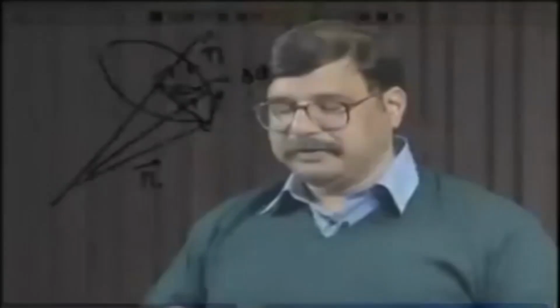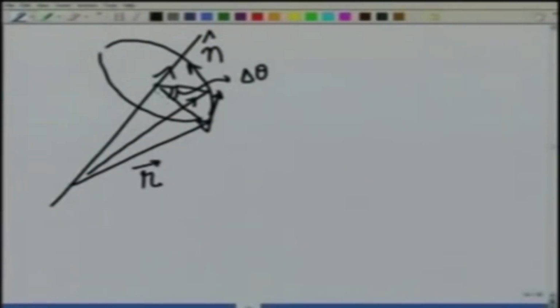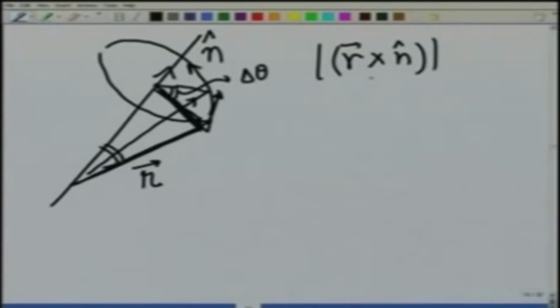For very small angles, this change can be written as, this length is going to be r cross n magnitude, because this length is nothing but r sine of this angle, which is nothing but r cross n magnitude. This direction is perpendicular to this, and you can see that this is actually the n cross r direction.